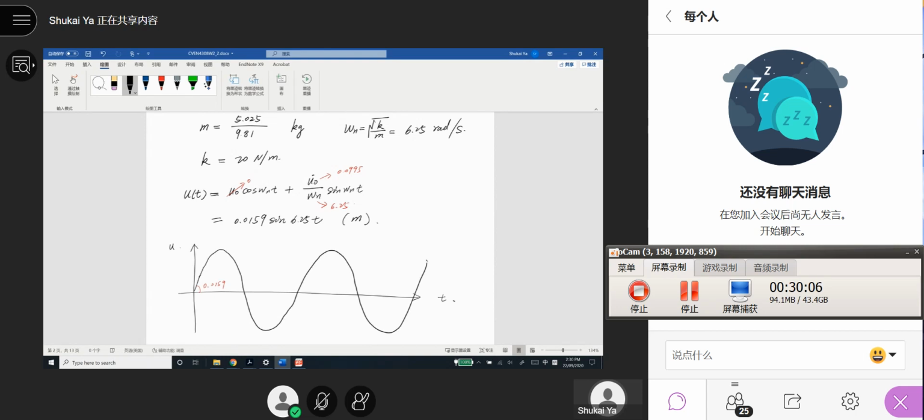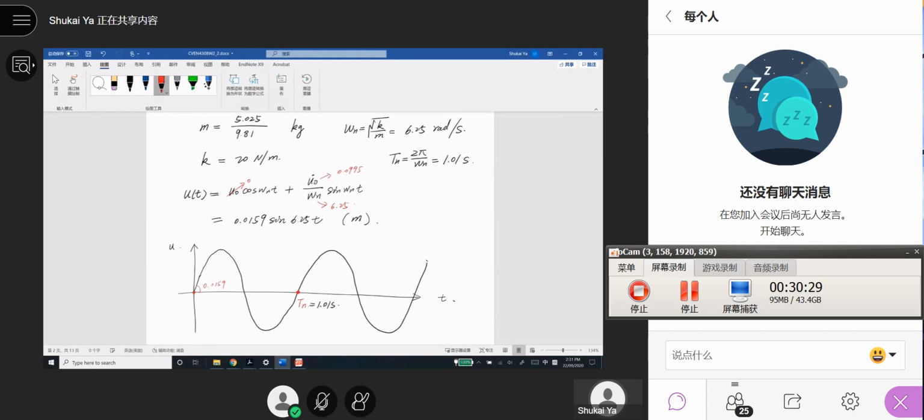Okay, and the time Tn, this is for one entire period. Tn is equal to 2 pi divided by omega n, which is similar to 1.01 second. So this is equal to 1.1 second.